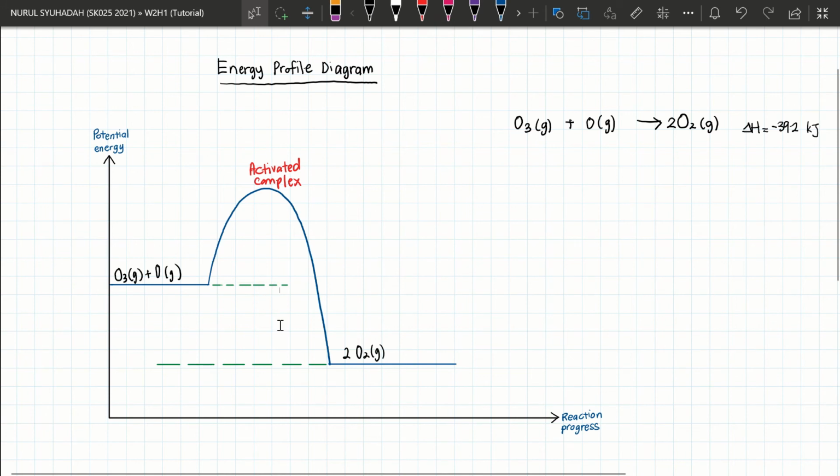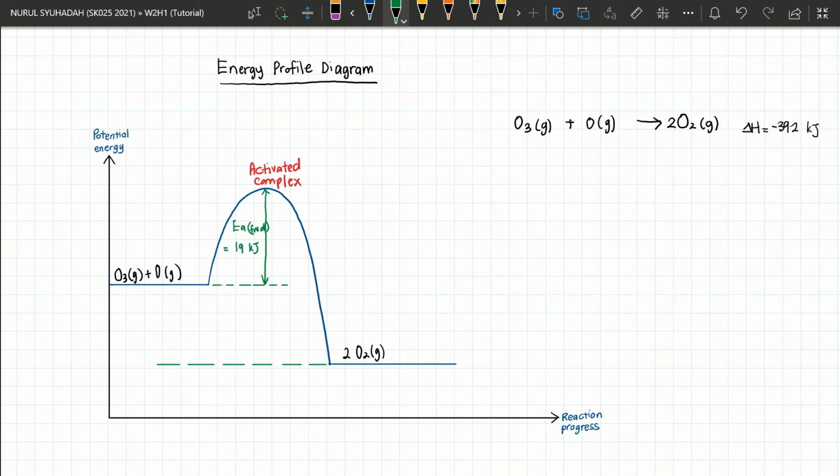Okay, I have my lines here. For the activation energy, it's from our reactant to the activated complex. Let me choose my green color pen. So our double-headed arrow, and then we will label this one as EA forward, FWD, because that's what's given to you, and then put the value, 19 kilojoule.